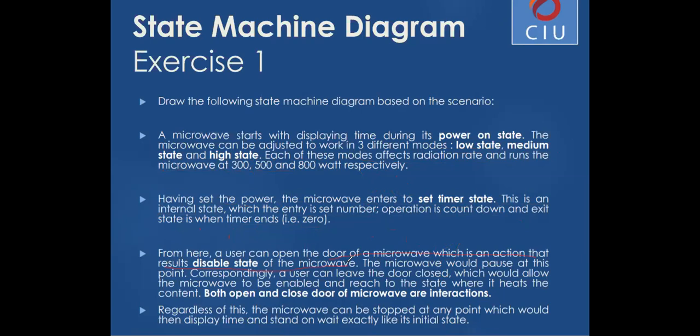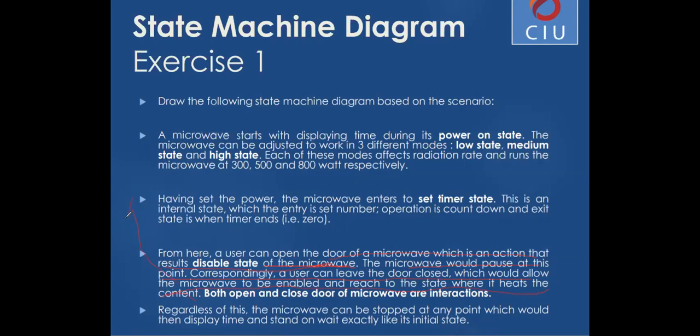So if the user opens the door, it will go to a disable state, which is again a do state that stops the microwave. The microwave will pause at this point. Correspondingly, a user can leave the door closed, which will allow the microwave to be enabled and reach the state where it heats the content.